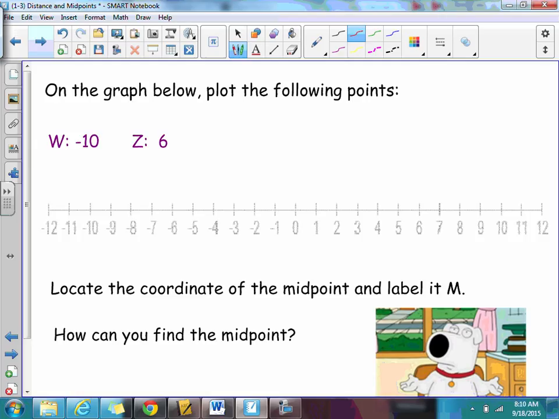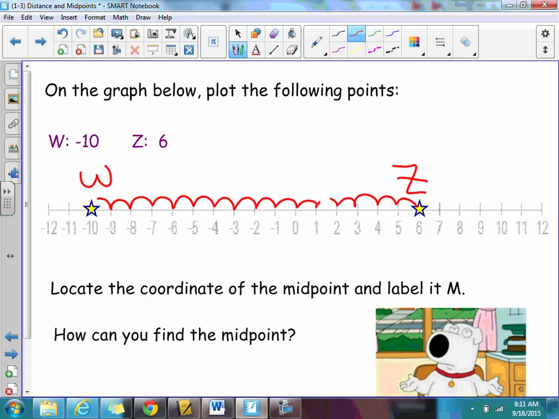Okay, on the graph below, we're going to plot these points. We got W and Z. W is negative 10, Z is 6. What I want to do is locate the midpoint. So what are your suggestions to find the point in the middle? Hugo? Count the numbers between W and Z and then divide by 2. So 1, 2, 3, 4, 5, 6, 7, 8, 9, 10, 11, 12, 13, 14, 15, 16.